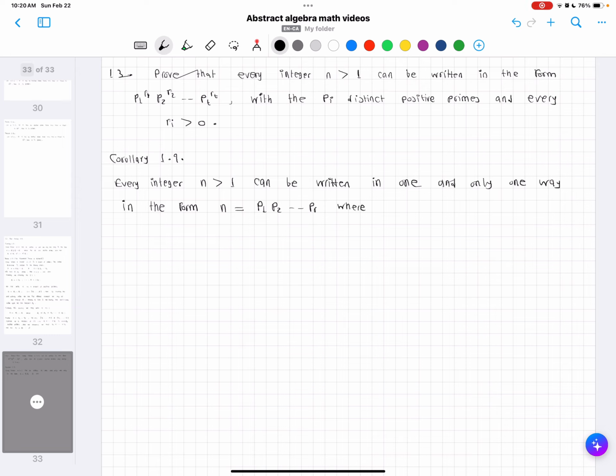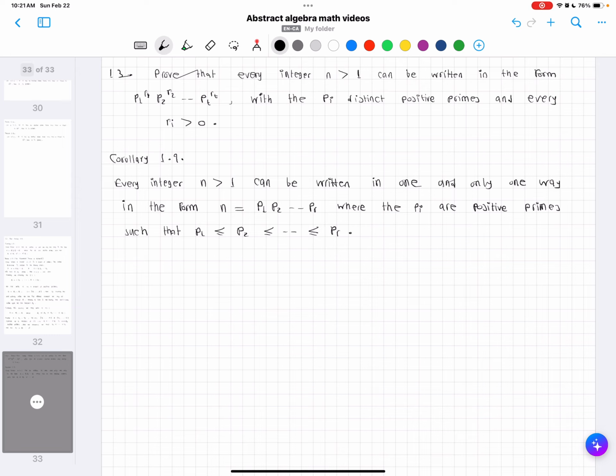where the p_i are positive primes, such that p1 is less than or equal to p2, less than or equal to, all the way, pr.